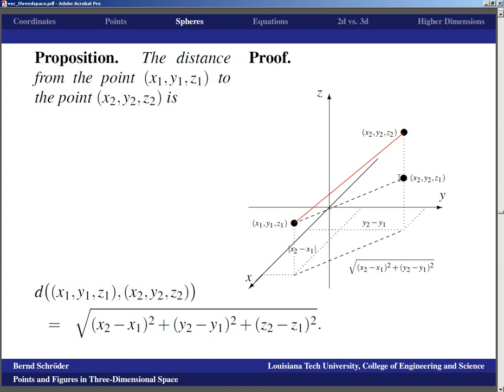And because we have a right angle here, we know that this length here can be obtained with Pythagoras' law from this length, which we have here, and the length of this vertical line here, which is, of course, just z2 minus z1.